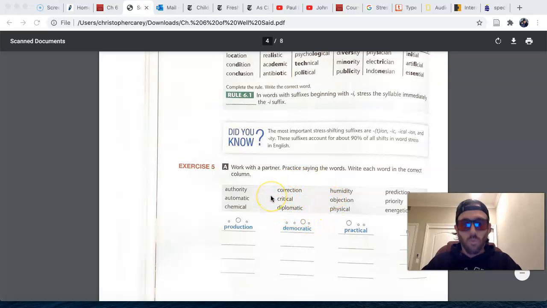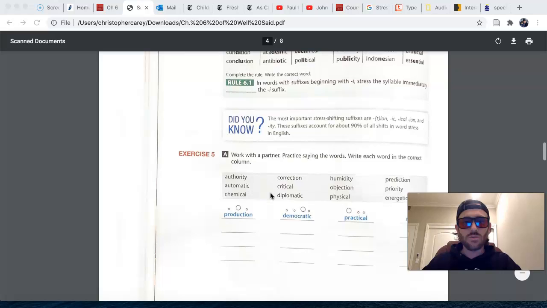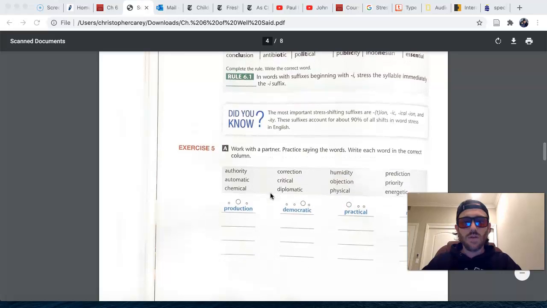So practice saying these words and then write each word in the correct column according to which syllable, if it's the second in a 3 syllable word, or the third in a 4 syllable word, the first in a 3 syllable word, etc. Which category does each of these words go in?